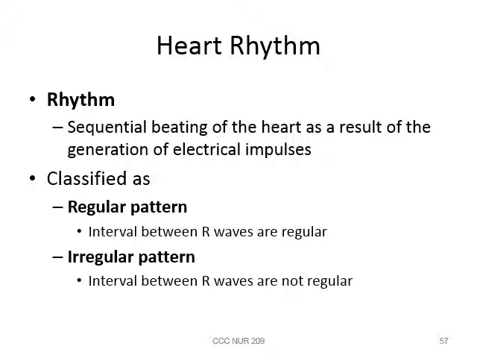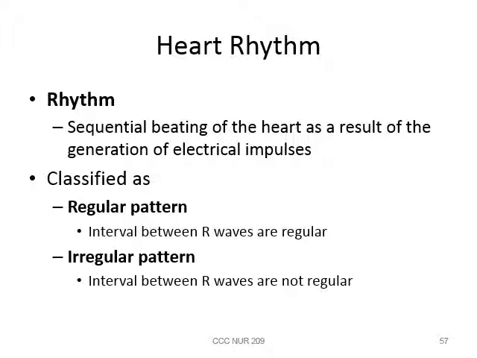When we talk about regular, the interval between the R waves is consistent throughout the strip. There'll be the same number of little boxes from one QRS to the next QRS to the next QRS to the next QRS. Irregular means there's a difference. You might have 30 blocks between this QRS and this QRS, then you may have 75 between the next two.